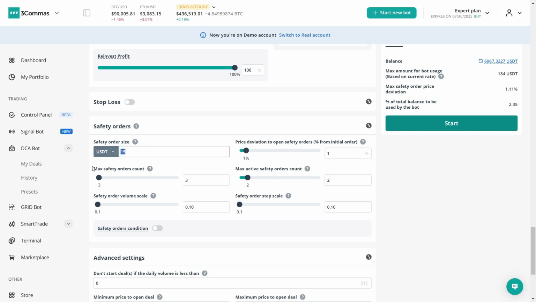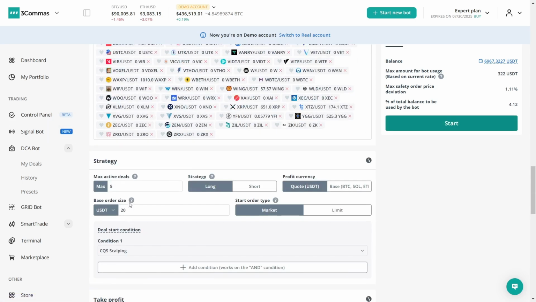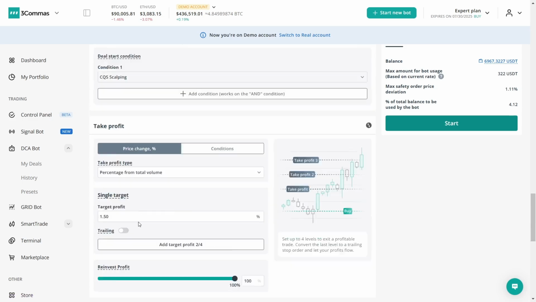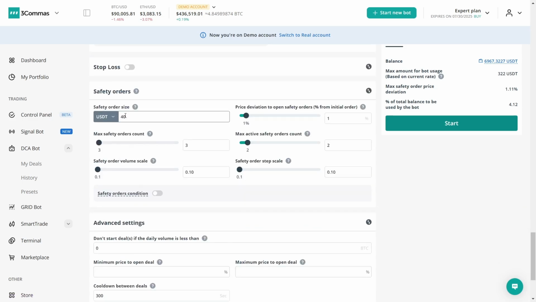My safety order size, which is my starting DCA order, will be twice as much as my basic trade size. Remember, I use 20 USDT here, so I will buy twice as much as my base order.